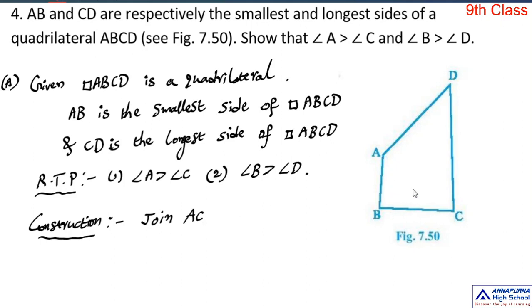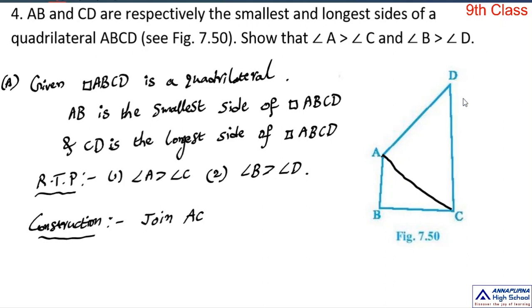Join the diagonal AC. The diagonal AC divides the quadrilateral ABCD into two triangles. The first triangle ABC and the second triangle ADC.